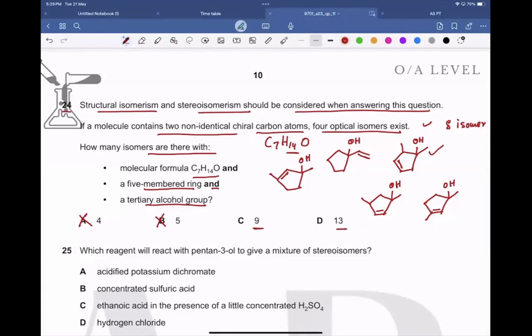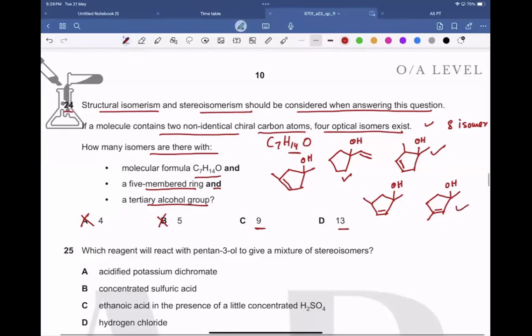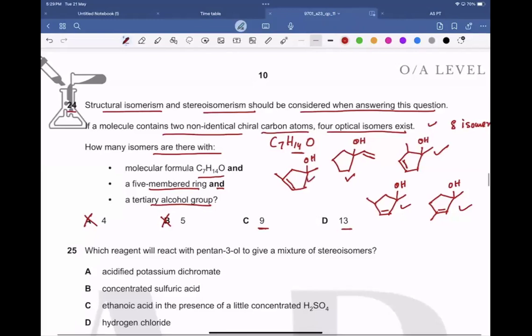Because this can show optical isomerism, this can show optical isomerism. This can be over here. This can show optical isomerism. This one and this one. So either it can be out of these two.